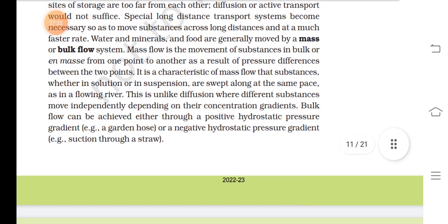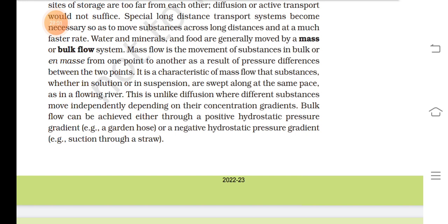Mass flow is the movement of substance in bulk or in mass from one point to another as a result of pressure differences between the 2 points. It is a characteristic of mass flow that substances, whether in solution or in suspension, are swept along at the same pace as in a flowing river.